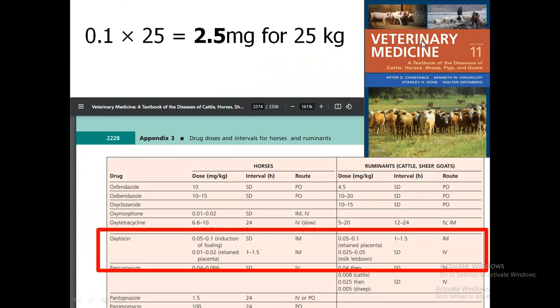And if we see Veterinary Pharmacology 11th edition, at page number 228, they are telling its dose as 0.1 mg per kg.